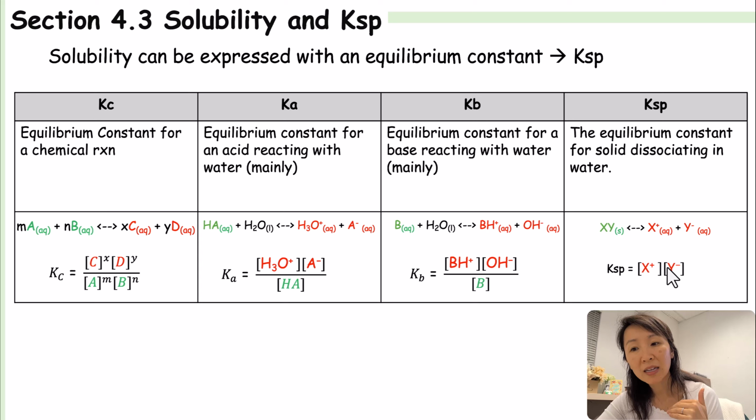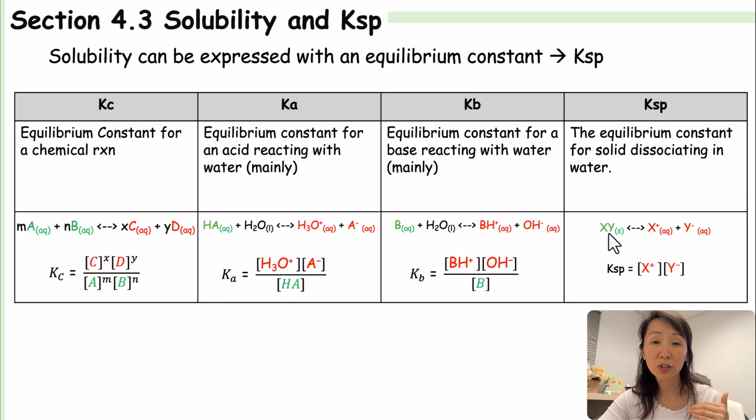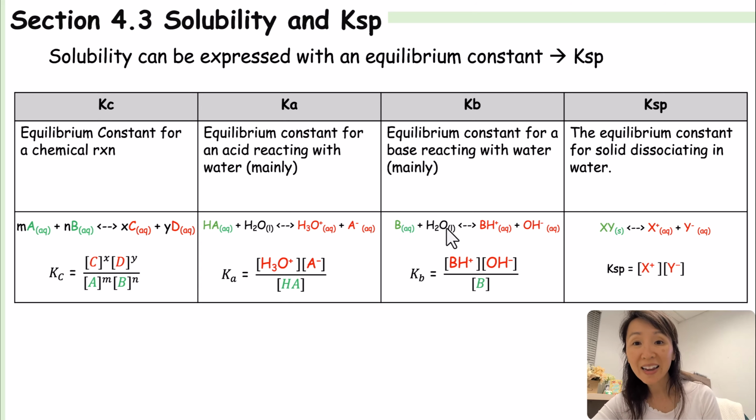That's because XY is a solid, so we don't include solids in the equilibrium constant, just as we did not include liquids. The only things that we include in the equilibrium constant are the aqueous and the gas species, hence why you don't see it.